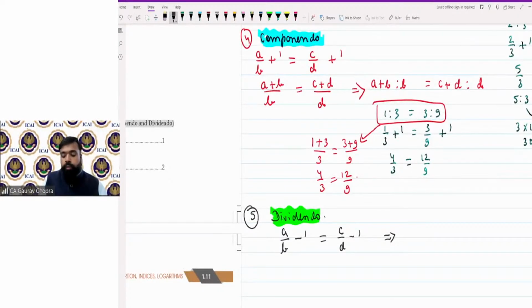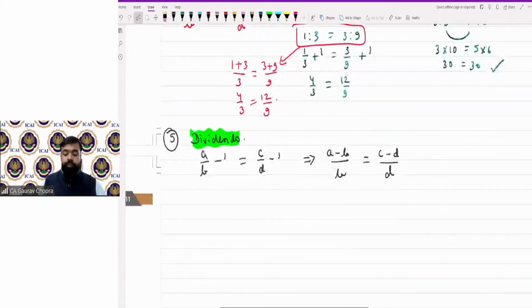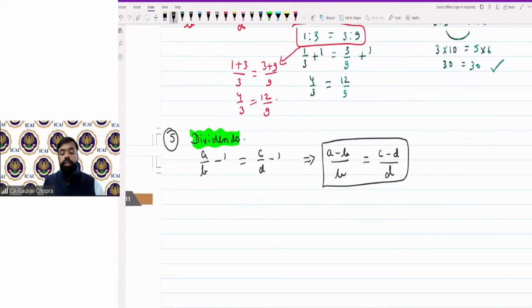So it will become A minus B upon B is equal to C minus D upon D. This is dividendo. So A minus B ratio B is equal to C minus D ratio D. So it can be written in this manner.